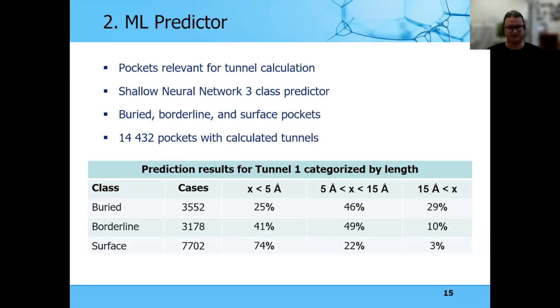For the buried cases, more than 75% have tunnels longer than 5 angstroms, so it's kind of logical that the buried pockets would have longer tunnels, and in comparison, in the cases of the surface pockets, only a low amount of tunnels would be longer than that. So this was a good result that showed that for future cases, this machine learning predictor could be used to distinguish whether the pockets are relevant for tunnel calculation or not.